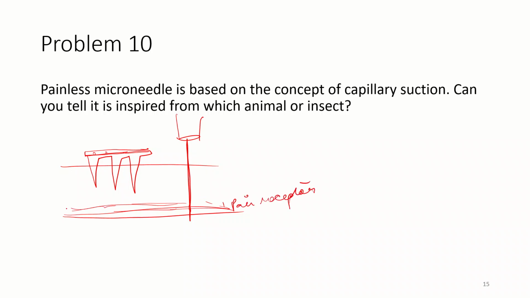These pain receptors are nerves which send the sensation of pain to your brain. So the drug is released here versus here. That's the difference between conventional needling and micro needling.